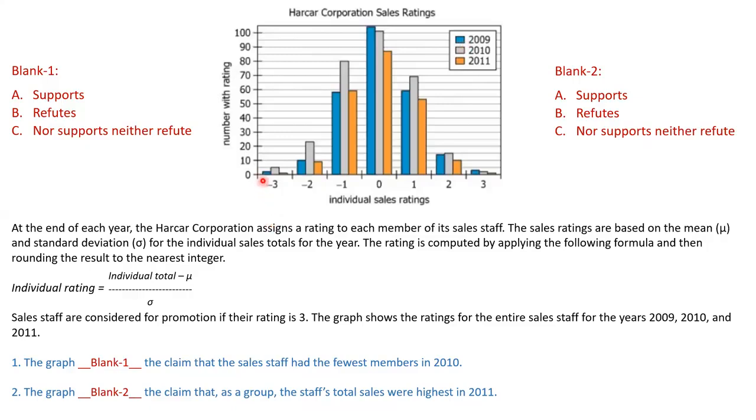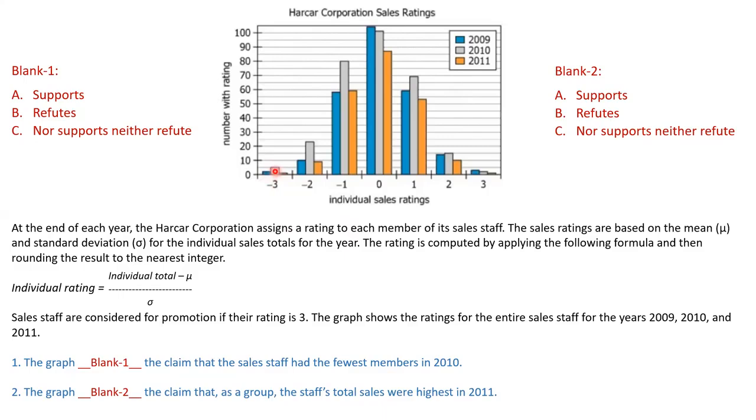What was the total? Basically all the solid blue, right? Whatever this is, for example, this is, let's say 2. 2 plus 10 plus around 58 plus 100 and so on. So this would be the total number of sales staff in the year 2009.